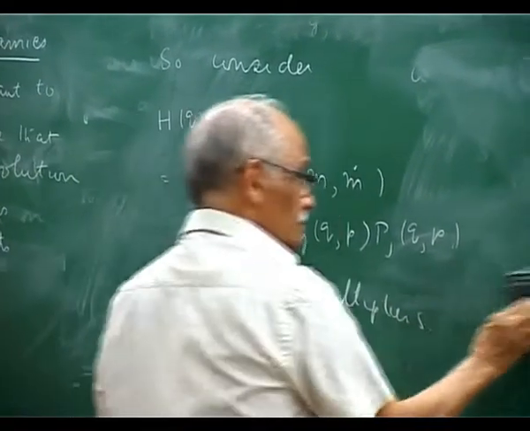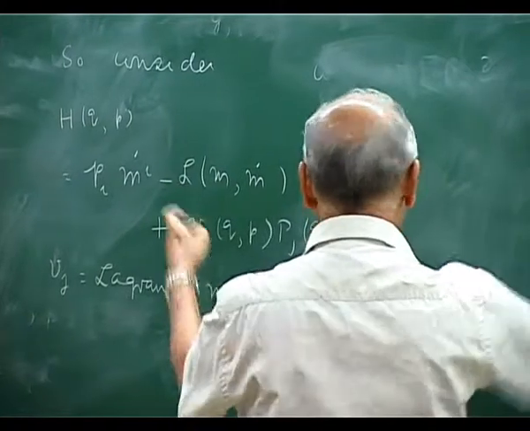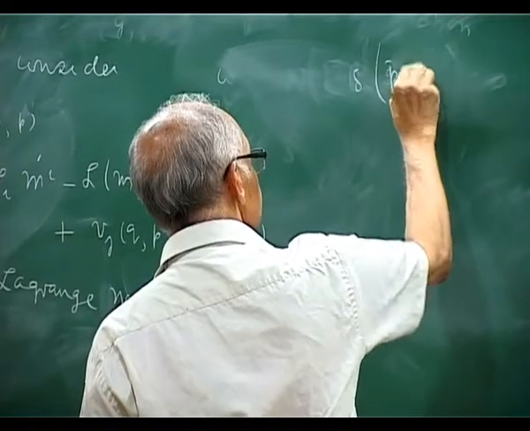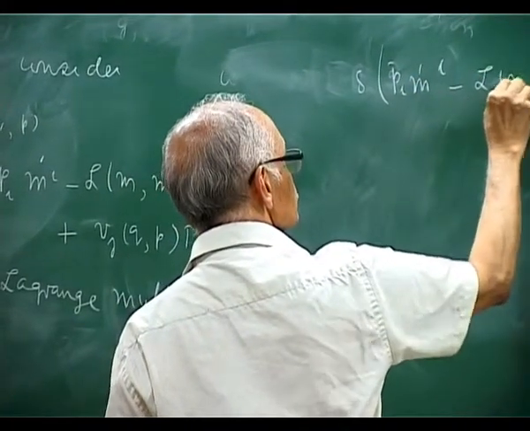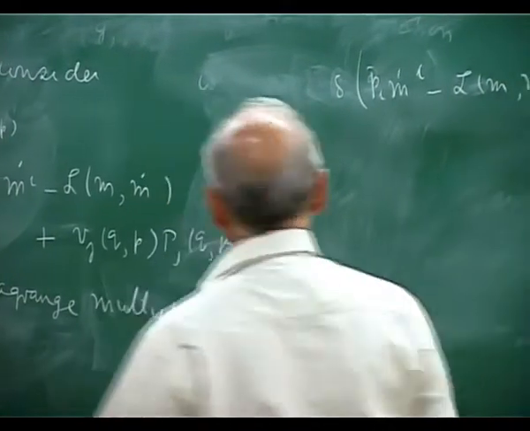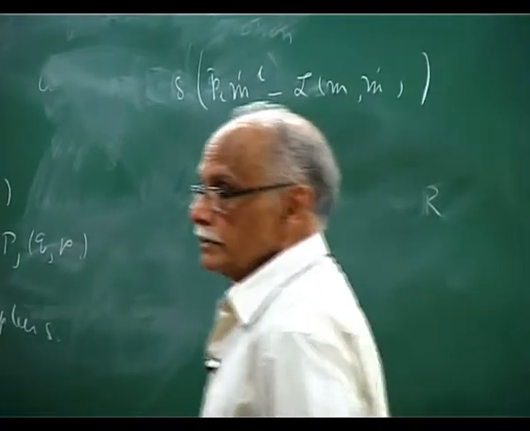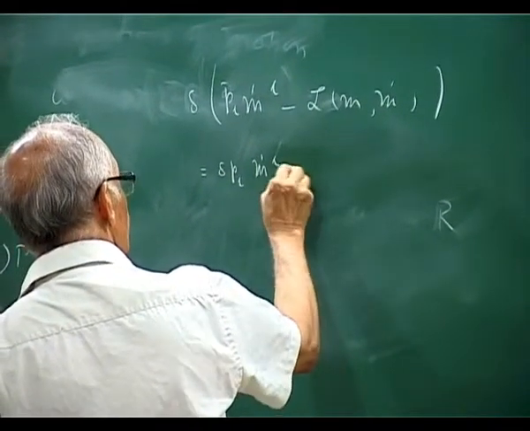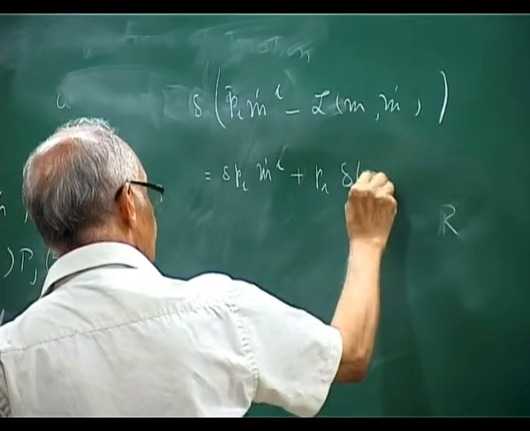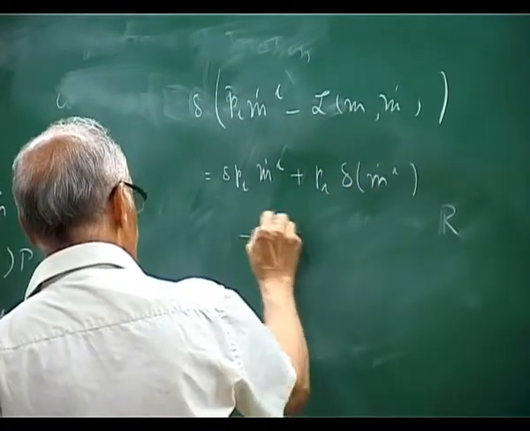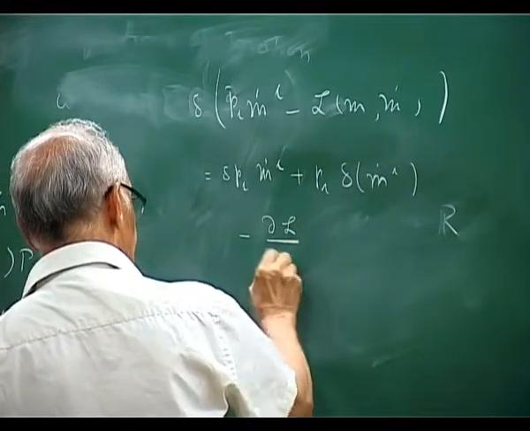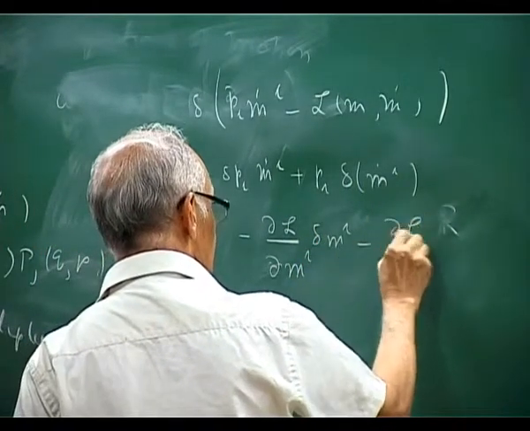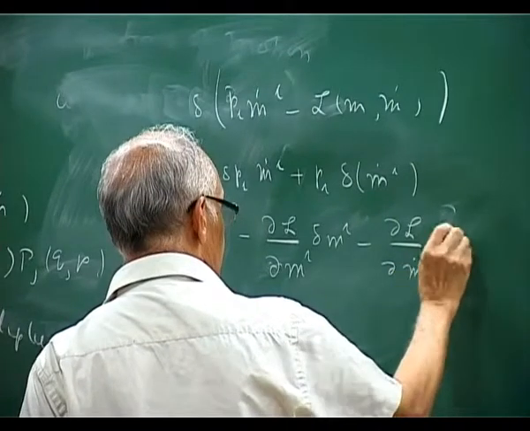Also, if you look at the variation of the first group of terms, you can see that this is delta pi m dot I plus pi delta of m dot I minus dl over d mi delta mi minus dl over d m dot I delta m dot I.